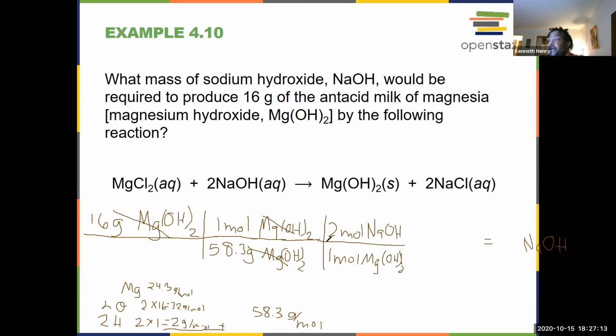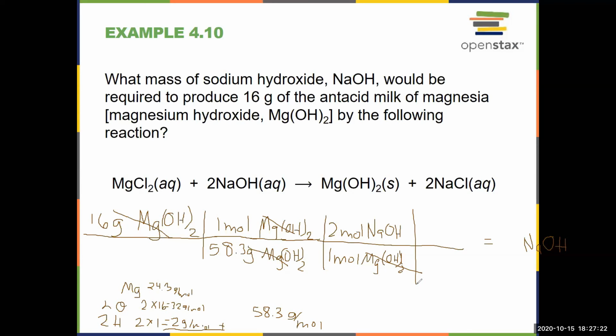So my magnesium hydroxide is going to cancel out. Now I have moles of sodium hydroxide. Is that what I want? No, you want grams. Okay, how do I get to grams?